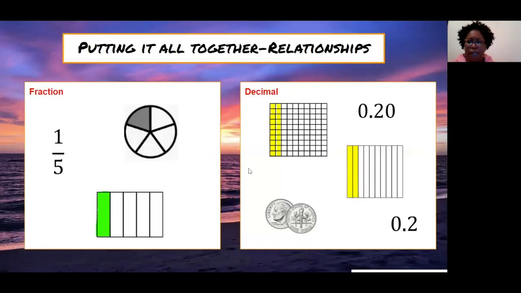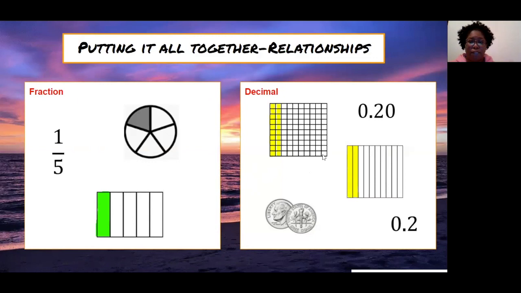Look at how 1/5 is represented as a fraction and then as a decimal. Remember, they all name the same part, they're just represented differently. So here we have the unit form, we have a fractional part. But look at the decimal form, or how it can be represented as a decimal.